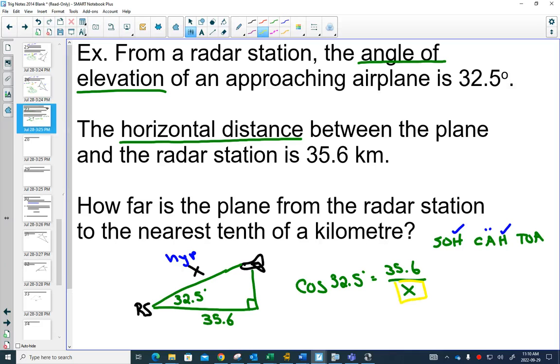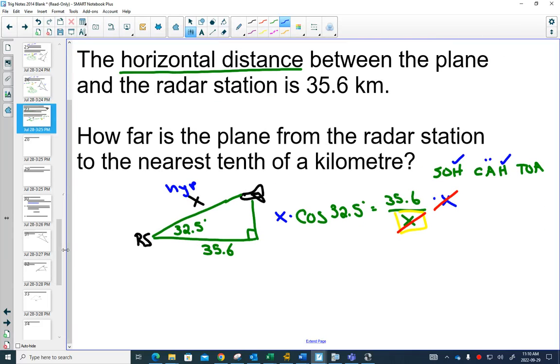It's on the bottom of our fraction, so we have to take a step first to multiply both sides by x so that we get it off of the bottom of the fraction. And then you can divide both sides by cos of 32.5.